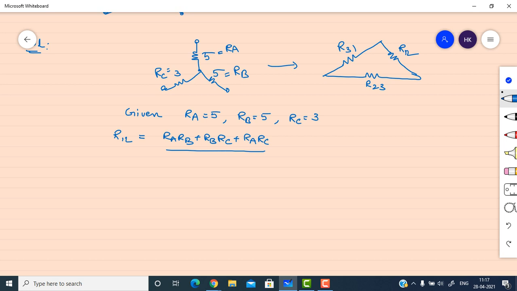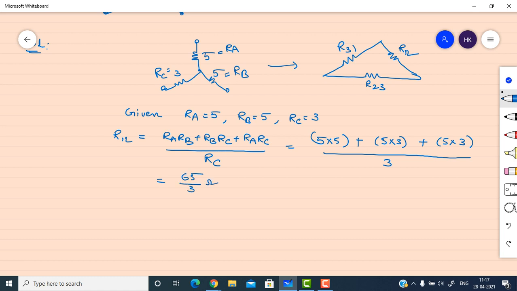For R12, what will be the opposite resistance? RC. So 5 into 5 plus 5 into 3 plus 5 into 3, divided by RC, which is 3. What is the value? 55 by 3 ohms.